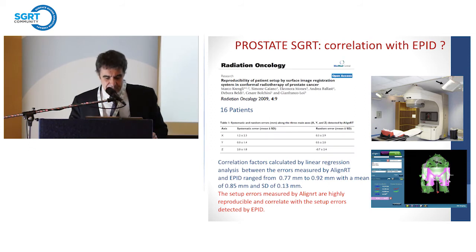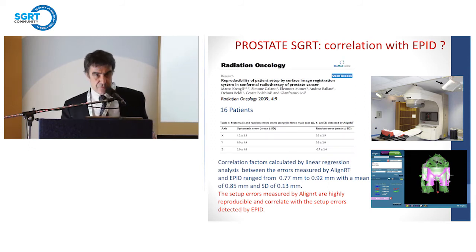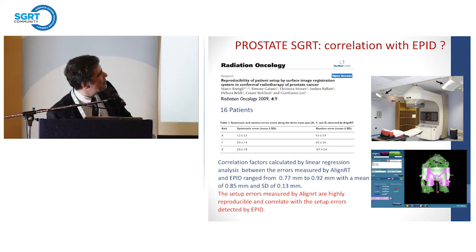We started to analyze the issue of pelvic tumors, starting with prostate cancer. At that time, we didn't have cone beam yet, and we decided to correlate with bony anatomy by using the EPID. We analyzed 16 patients and observed relatively low systematic and random errors.